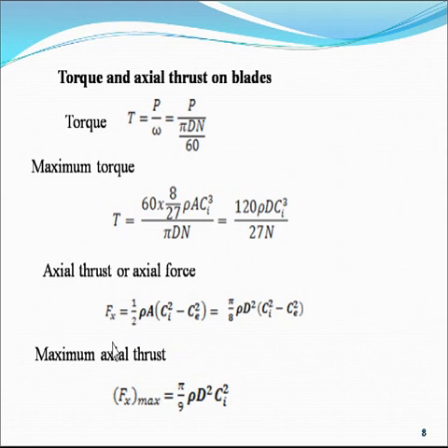The maximum axial thrust is obtained by putting the optimum exit velocity, that is Ce equal to 1 by 3 Ci. By putting that condition in this equation, we get the maximum axial thrust, which is pi by 9 rho D square Ci square, acting on the rotor.